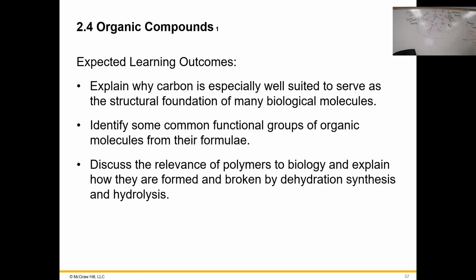The second law is if you are reduced, you become the oxidizing agent. And if you're oxidized, you become the reducing agent. So you cannot be two in one.